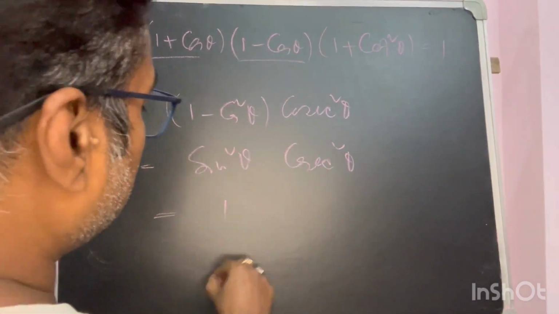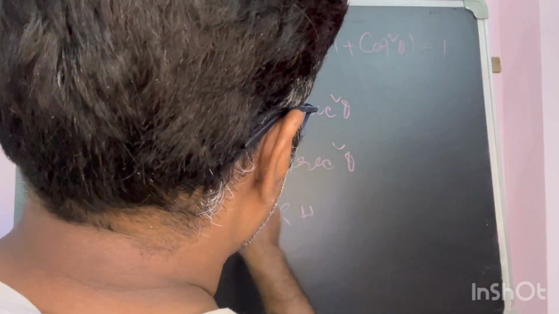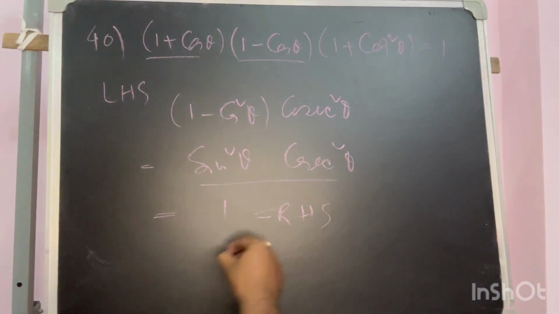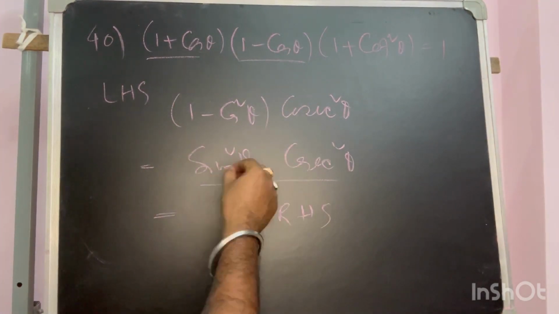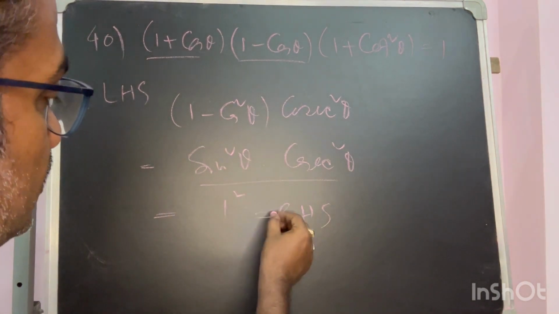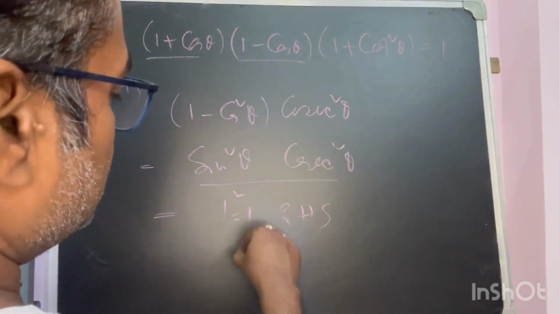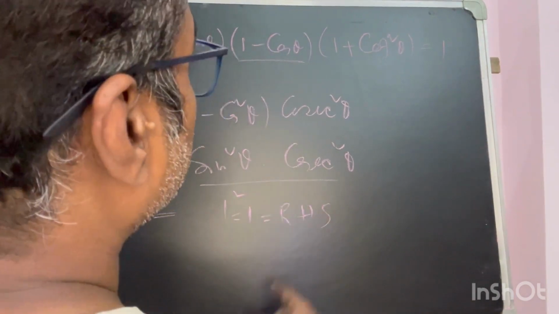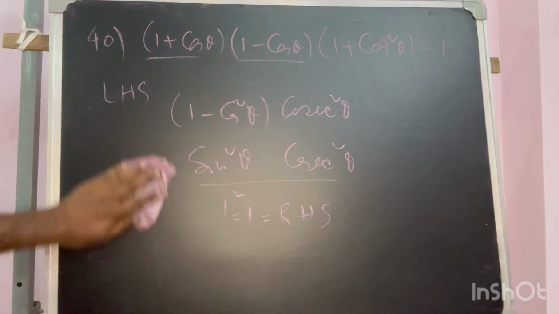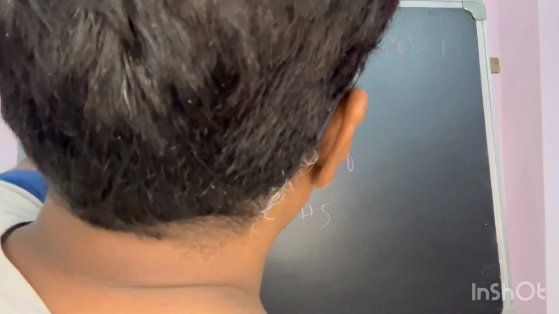So that is equal to 1, equal to the right hand side, because sin and cosec are in inverse relation. So that will cancel out. Anything square will give you the answer. Again the same, 1 square is equal to 1. So that is equal to the right hand side. You have to prove it. So 40 is done.